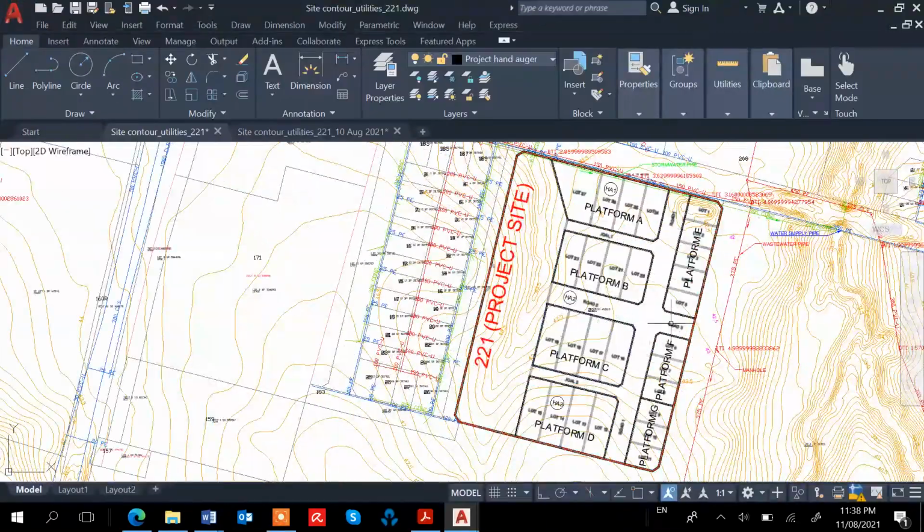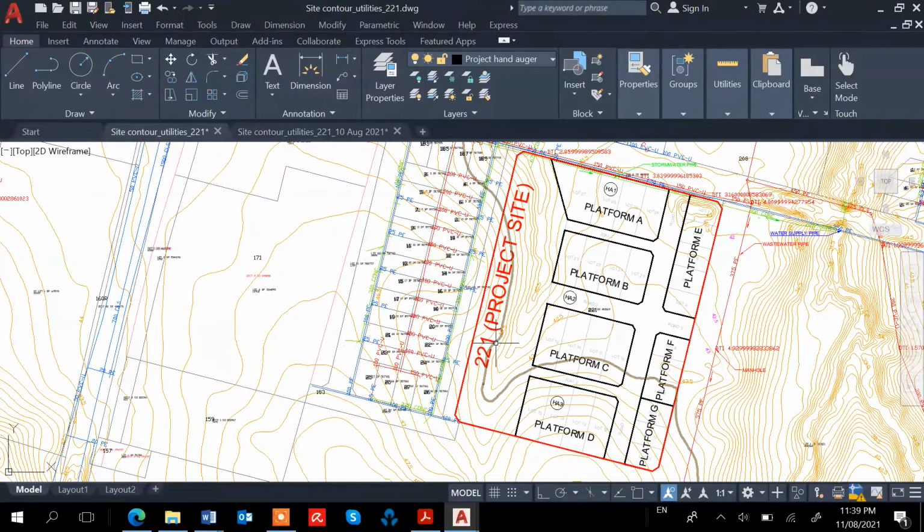For this site 221, there are platforms A, B, C, D, E, F, G. So you need to determine the platform levels based on two aspects.